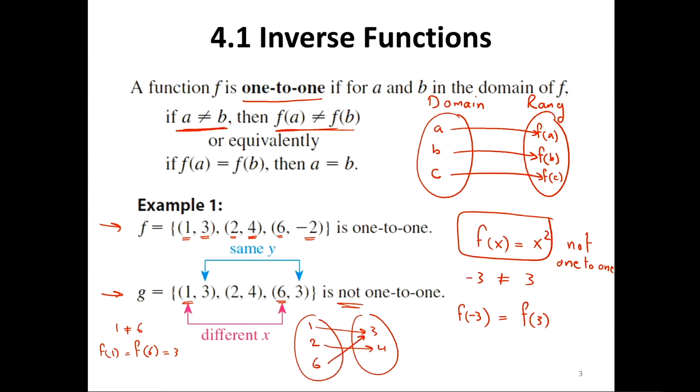So we have different points in the domain connected with the same value in the codomain. So this is not one-to-one. But in f, 1 connects with 3, 2 with 4, and 6 with -2. So this is one-to-one. Okay, how can we verify whether a function is one-to-one or not?